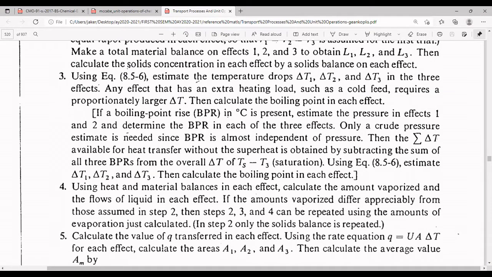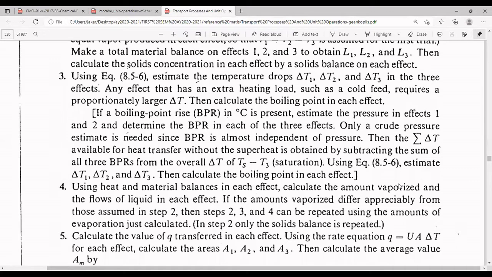Just like the way we do it with negligible boiling point delta T's, wherein we only had the steam temperature and the temperature of the last effect subtracted, then we solve for the delta T's without the BPR. Then we will have a saturation temperature now for the two effects in which we don't have. And then we use that saturation temperature in the Duhring's chart. That way, we can get the boiling point of your solution.